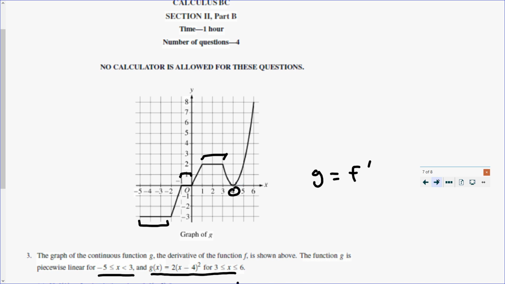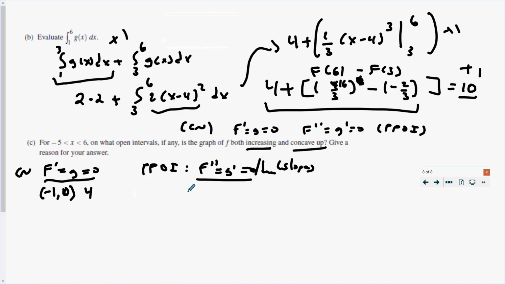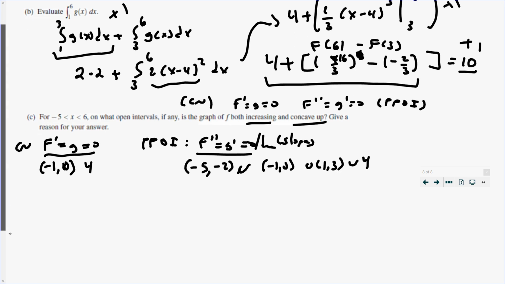So let's go ahead and list them, label them. They are, what do we say? Negative 5 to negative 2, or negative 1 to 0, or 1 to 3, or at 4. This is going to be our double sign chart.